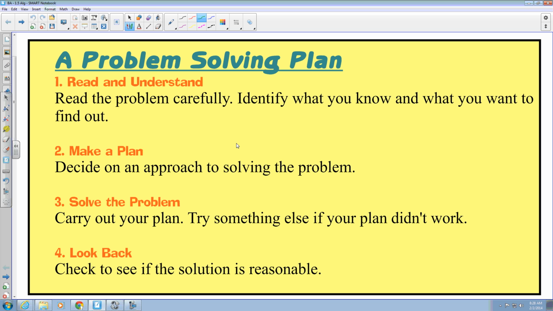There are ways that we can read and understand it. One of the ways that we can do this is writing out an equation. That's one way. So maybe that's just number one.